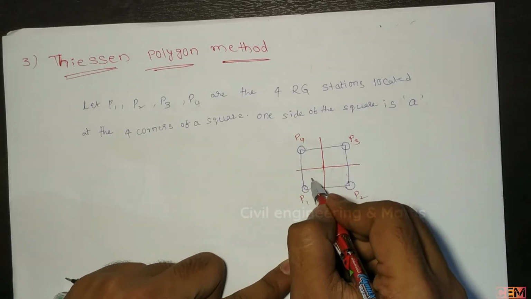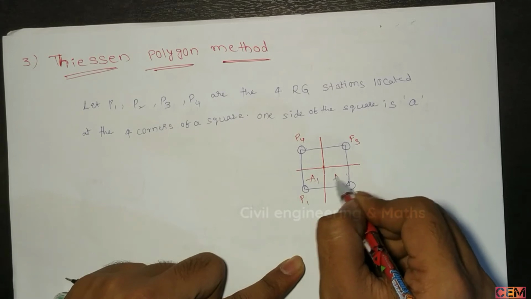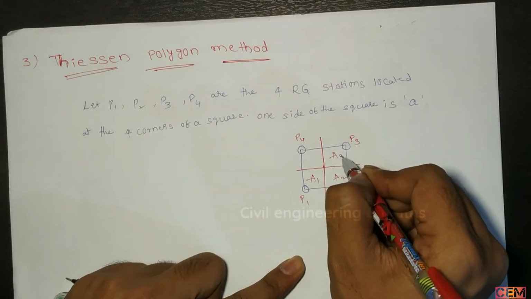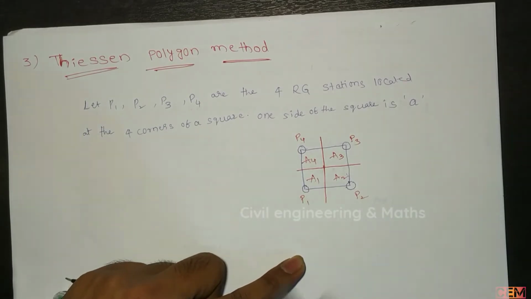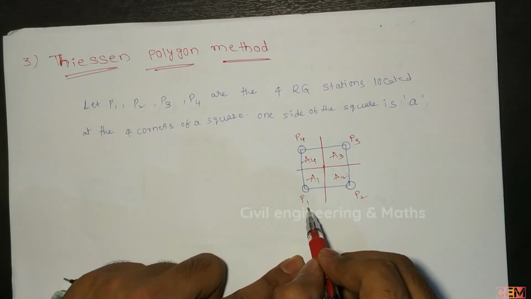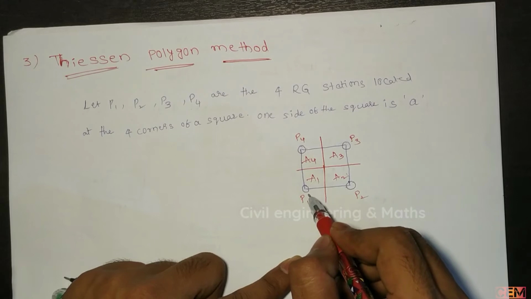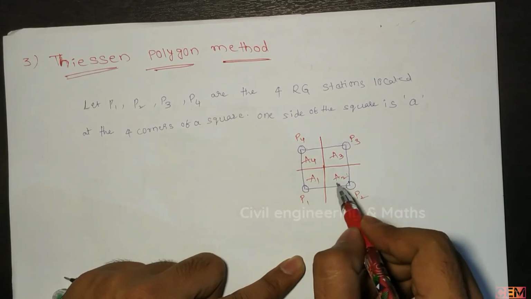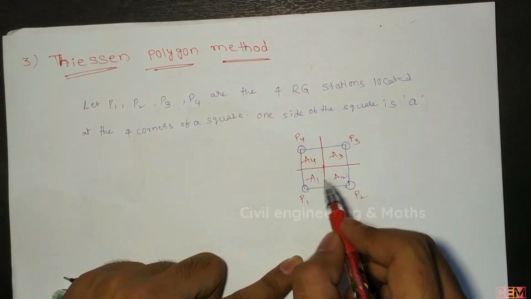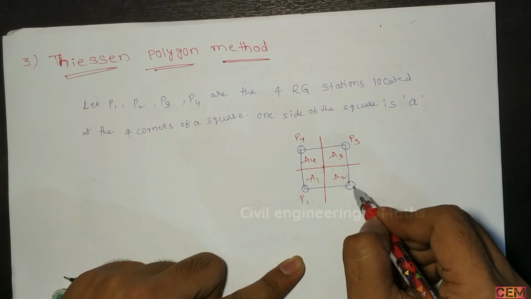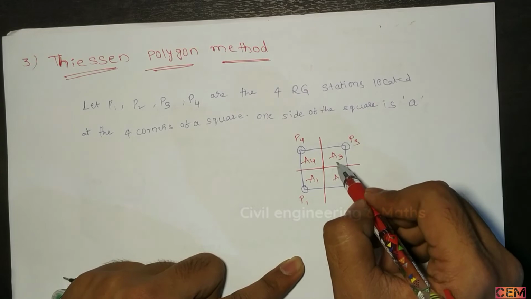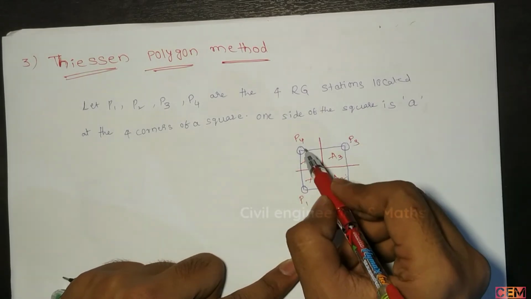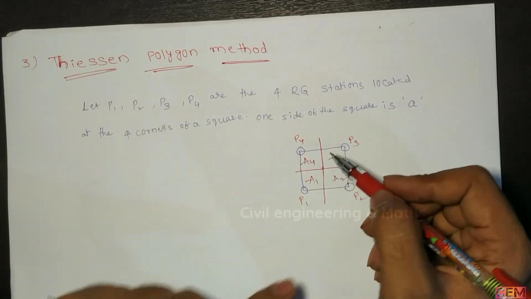This is A1, this is A2, this is A3, and this is A4, which means the rainfall P1 at station 1 is covered by area A1, the second rain gauge is covered by area A2, the third rain gauge by area A3, and the fourth rain gauge by area A4.